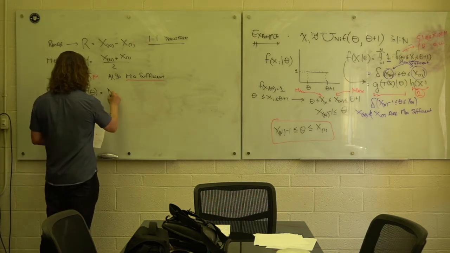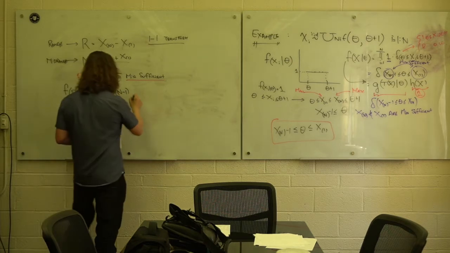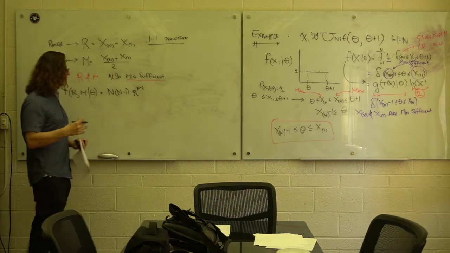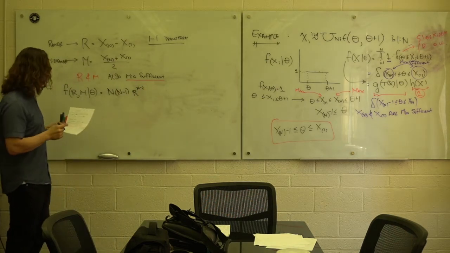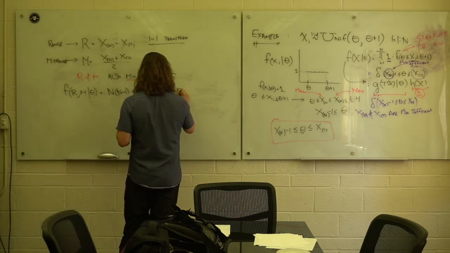So this is going to be n times n minus 1, r to the n minus 2. And that part looks exactly the same as what we had before. The bounds here are slightly different. So r is going to run between 0 and 1.